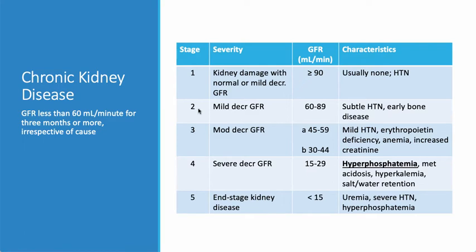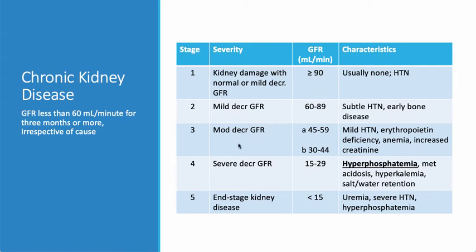Stage 2 CKD is a GFR 60 to 89. Stage 3 is where we start to get more nervous, right? These are patients who really have to be identified because they are at higher risk for further deterioration.